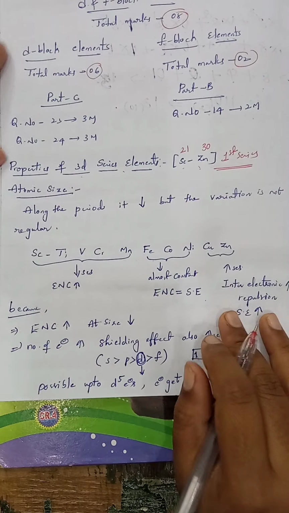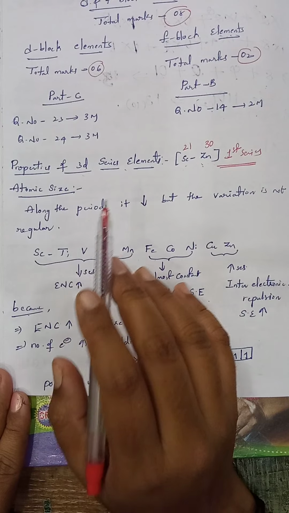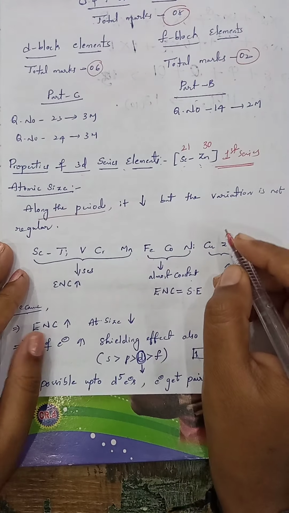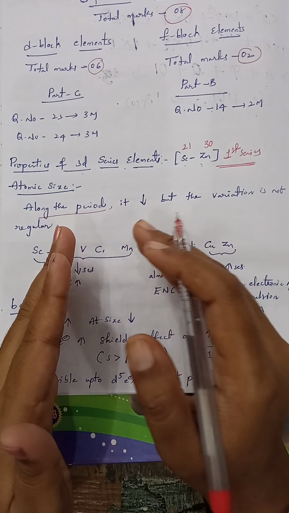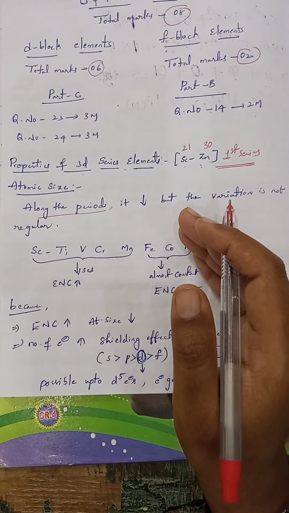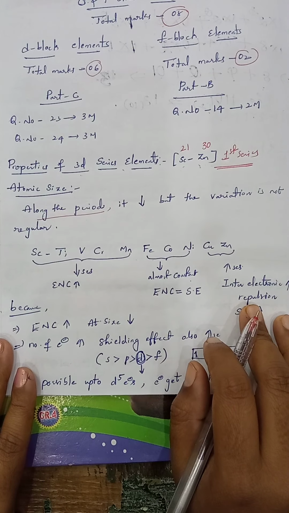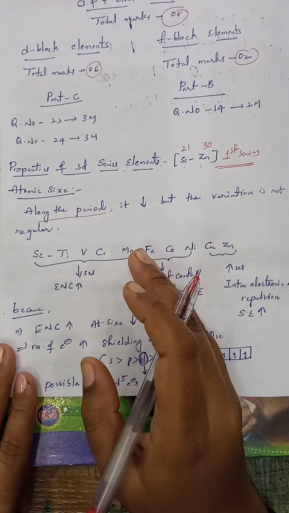First we will discuss their atomic size, that is atomic and ionic radius. Usually, along the period, the atomic size decreases with increase in the atomic number.